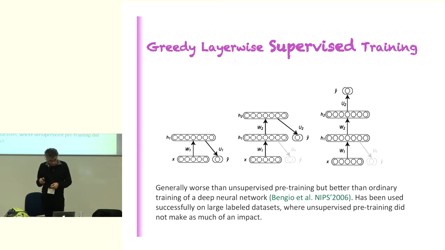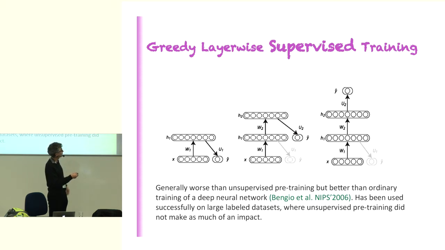There is a variant of this which works surprisingly well, but can also overfit more easily, which is actually in the same paper where I introduced the other one, and it's called greedy layer-wise supervised training. Instead of doing unsupervised learning of those features, you can do supervised training.